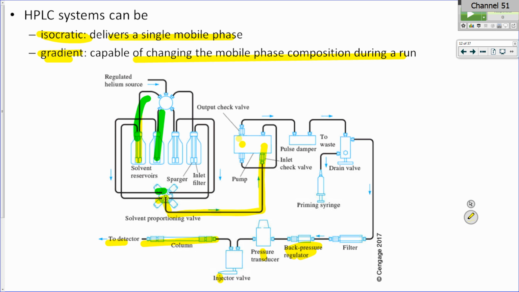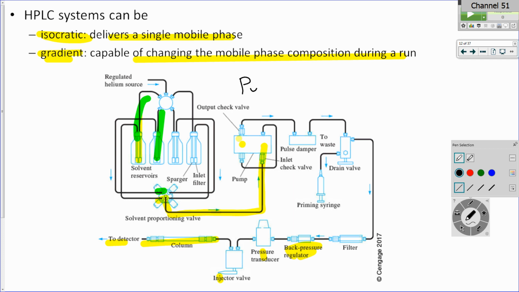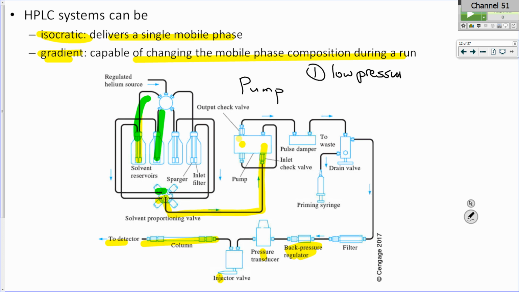Now there are 2 primary ways that the pumps work. One does low pressure mixing with 1 pump, and that's what this example shows. There's this proportioning valve that brings as many different solvents as you have valves for, puts them together, and lets how much of each one to mix.